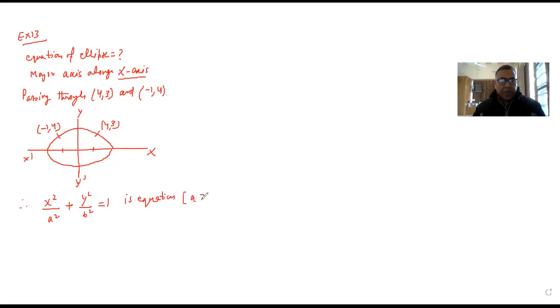Where a is greater than b because the major axis is the x-axis.